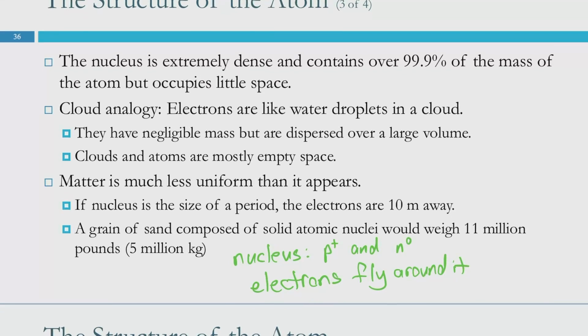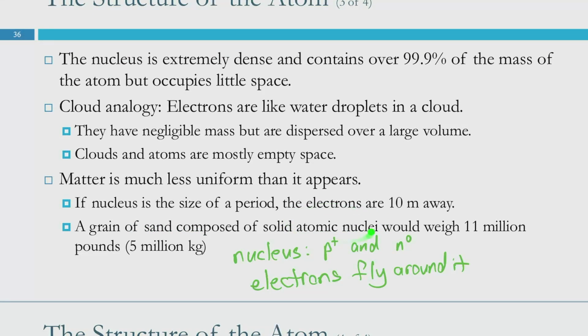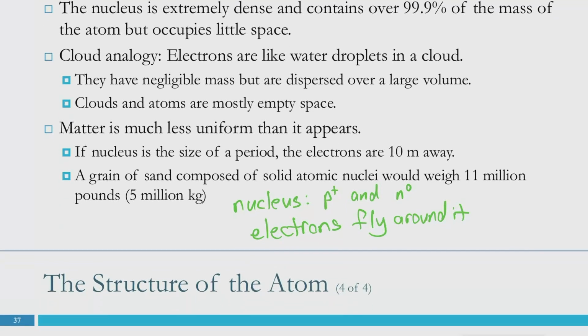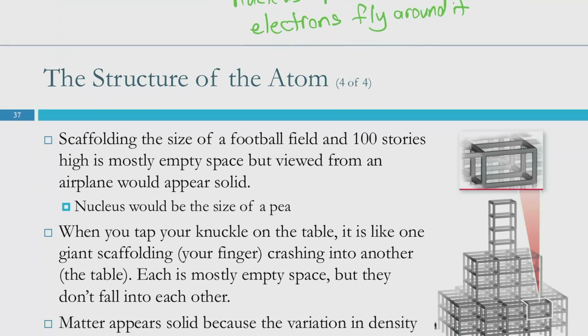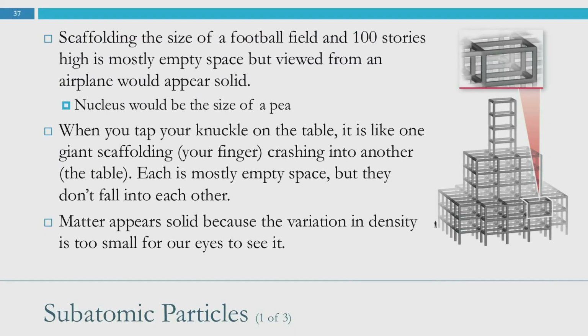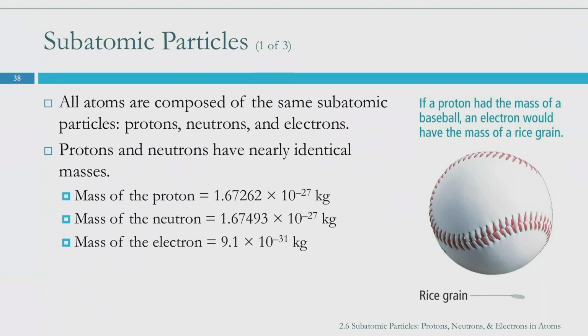There's so much empty space that if you took a grain of sand and made it solid atomic nuclei, it would weigh 11 million pounds, which is a lot of weight. I don't have a good idea of what's a thing that weighs that much. I'm just going to skip that.